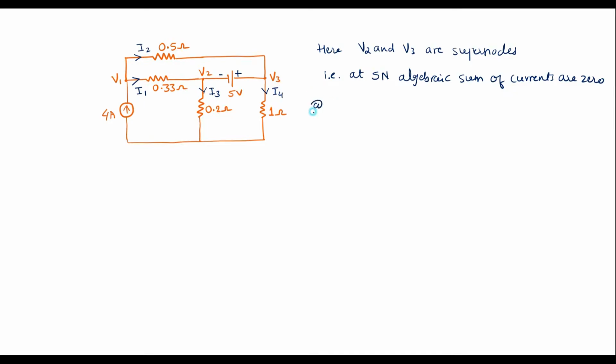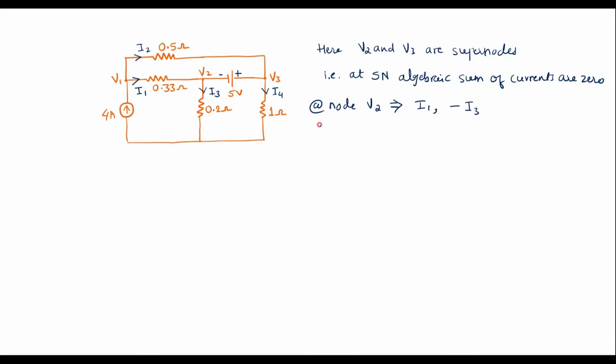At node V2 we have I1 and I3 currents. Current I1 is incoming, current I3 is leaving. Let me consider incoming current as positive, outgoing current as negative. So I1 is incoming, I will call it positive, and I3 is leaving, so I write it as minus I3. So at node V2 there are two currents, one is I1, one is I3.